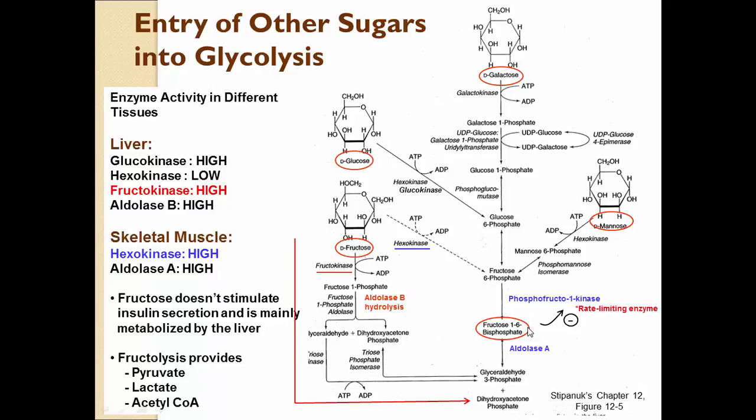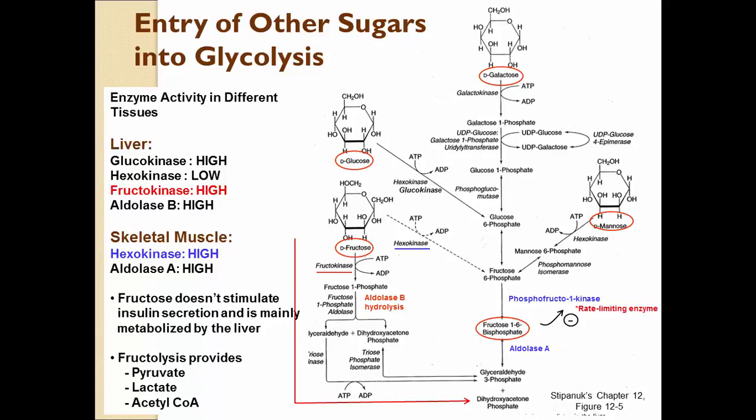So fructose metabolism generates a lot of glycerol 3-phosphate for triglyceride synthesis, right? That is the reason why high consumption of fructose can promote obesity and can promote fatty liver disease, right? Does that make sense?